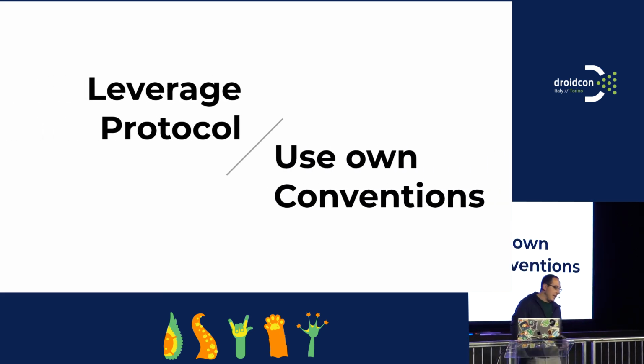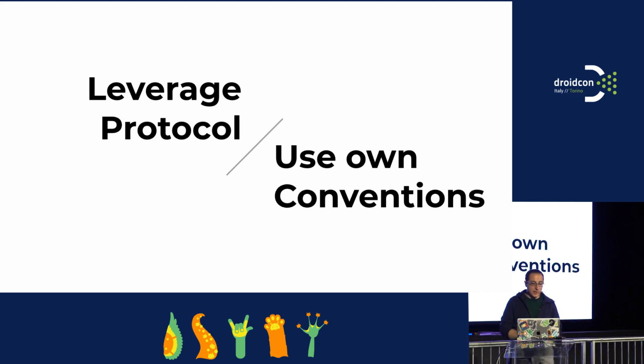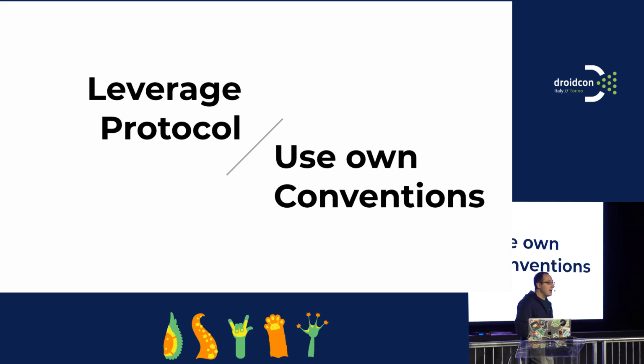Another thing that distances them even further is the fact that REST tries to leverage the protocol as much as it can. That means that they make use of error codes, content types, cache, and all the things that are available on the underlying protocol. While GraphQL somehow enforces its own conventions.